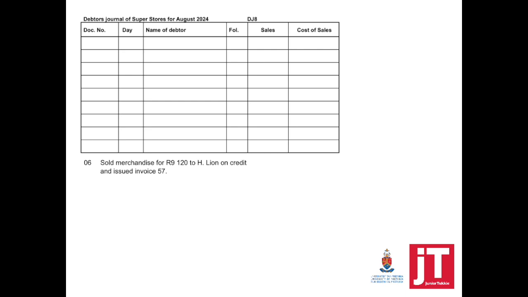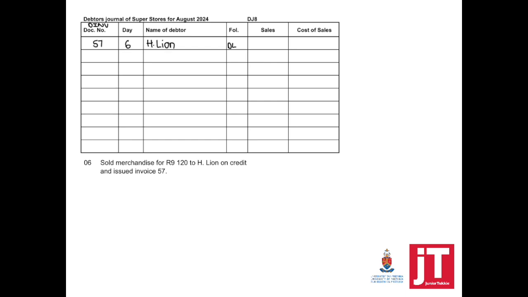The first transaction happened on day 6: sold merchandise for 9,120 to H. Lion on credit and issued invoice 56. We start with the source document by writing it right on top, because I know it's the only source document that will appear in this journal.